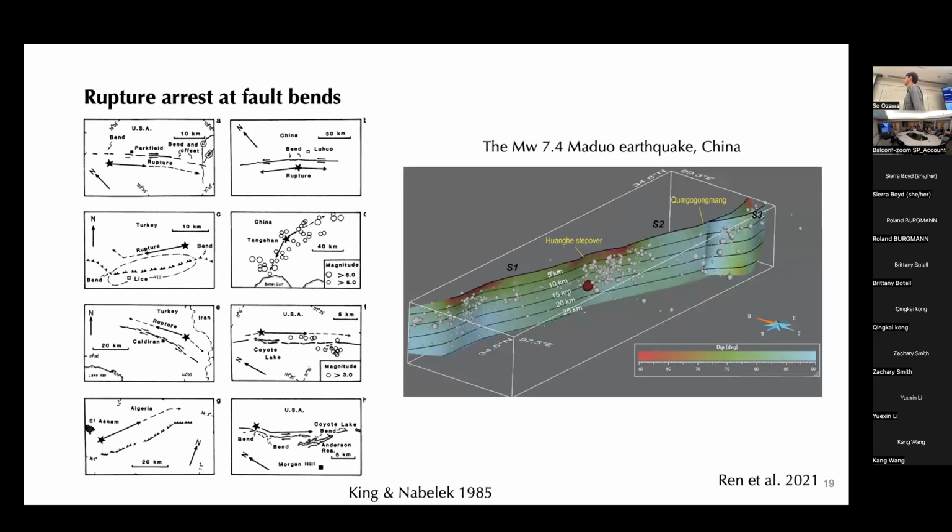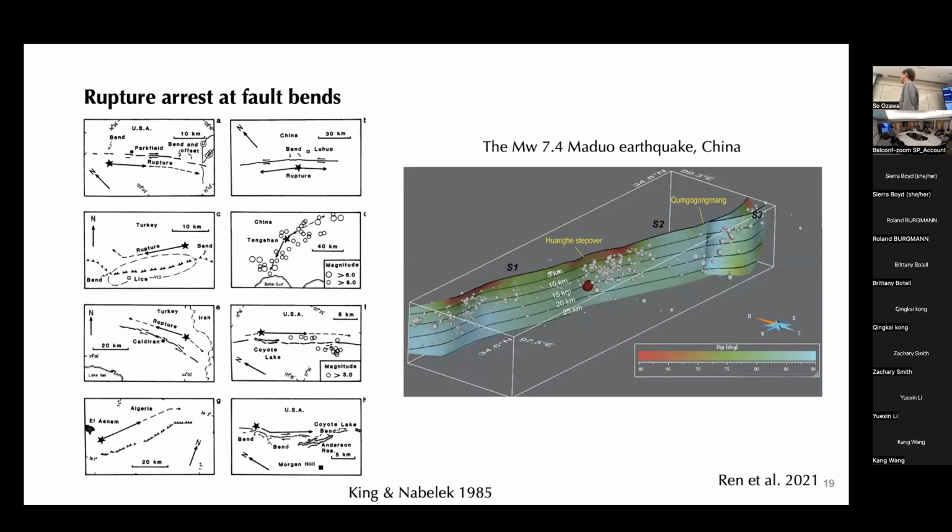In natural earthquake observations, rupture arrest location, or rupture termination location, often correlates with the fault geometry. This is a paper from King and Nábělek 1985, a relatively old paper that already shows some correlation between fault geometry and the location of rupture arrest.